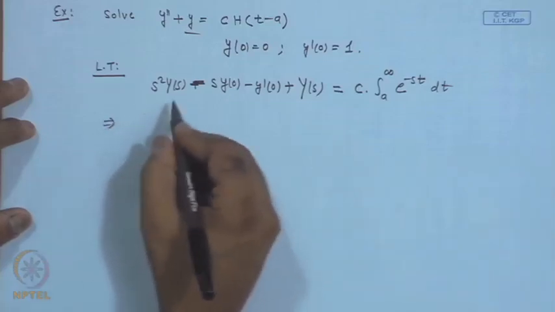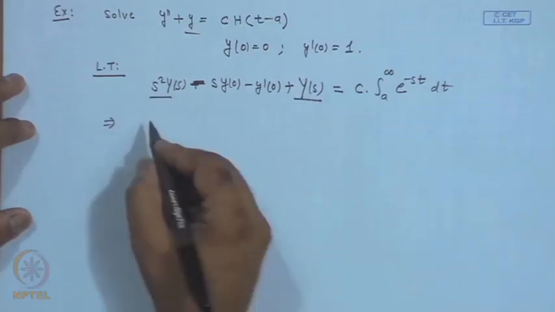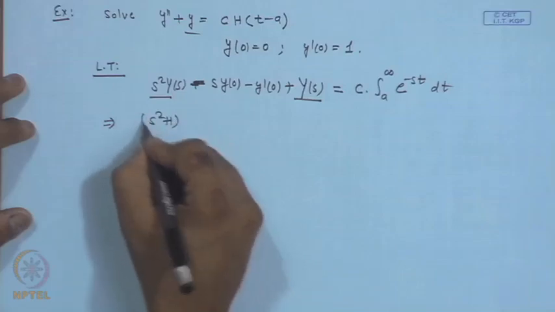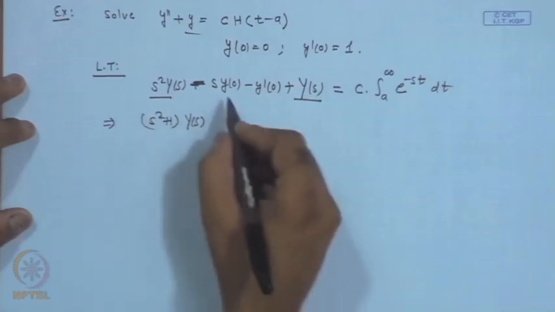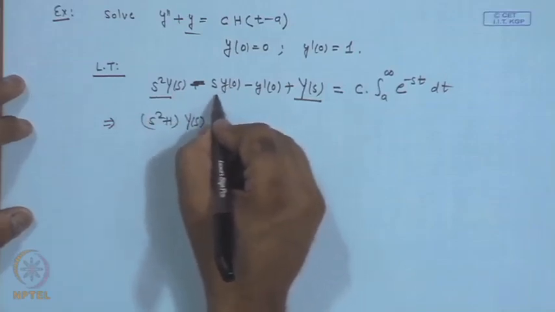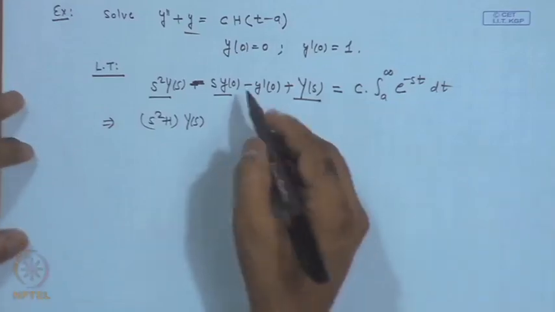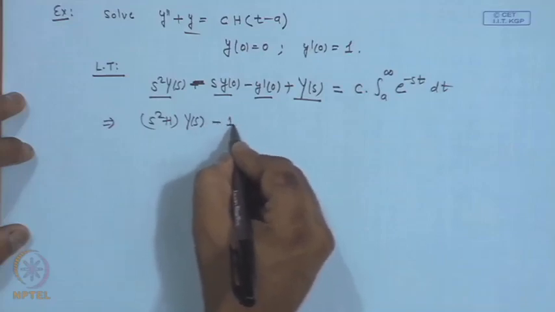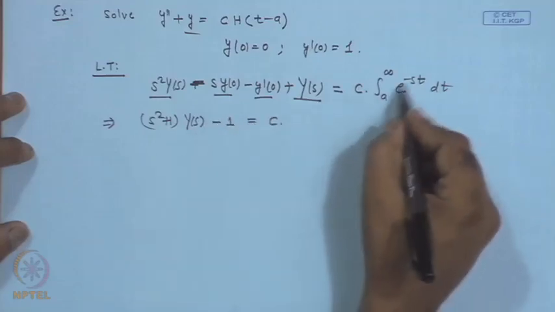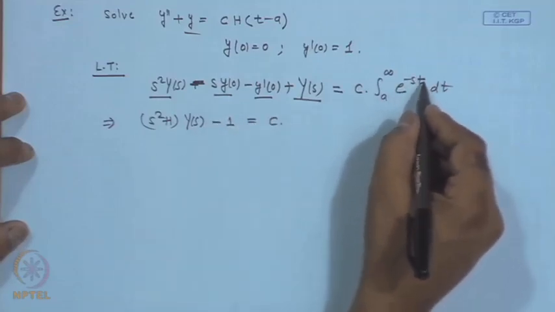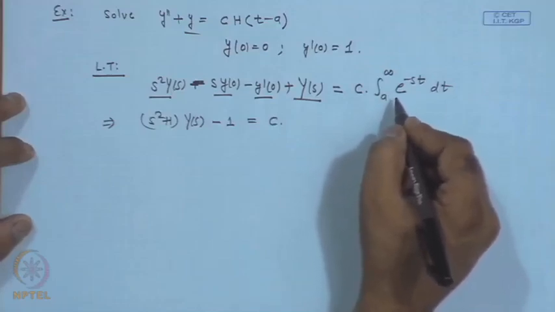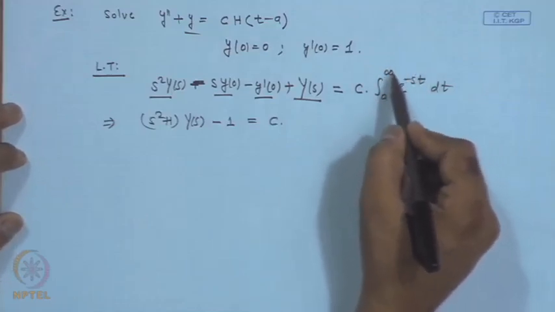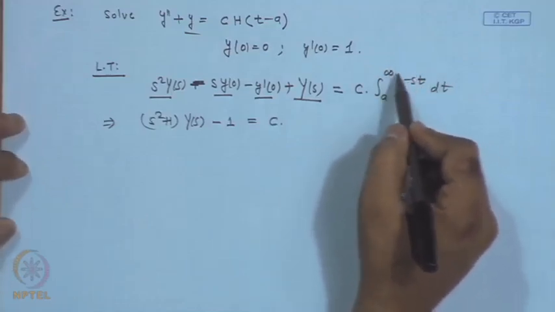So, what we have here is s square plus 1 times Y(s); here y(0) is 0, so this term is gone, and y prime 0 is 1, so we have minus 1, equal to c times the integral. Now if we integrate e power minus s t over minus s, as t approaches infinity for positive s, this will be 0.